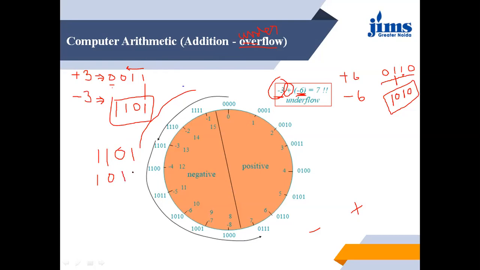After adding these two numbers we get 1 plus 0 is 1, 0 plus 1 is 1, 1 plus 0 is 1, and 1 plus 1 is 0 with a carry 1.